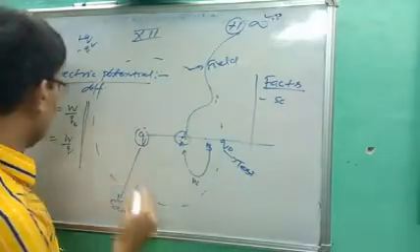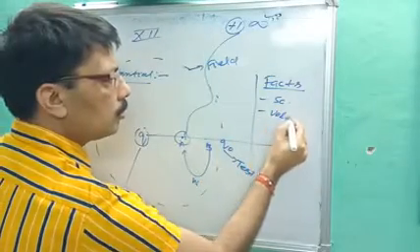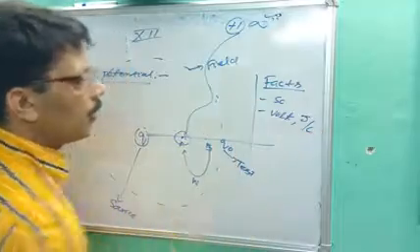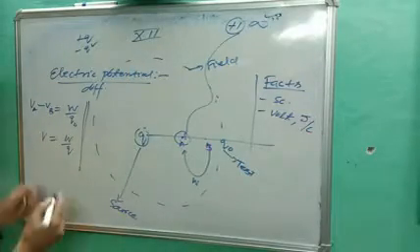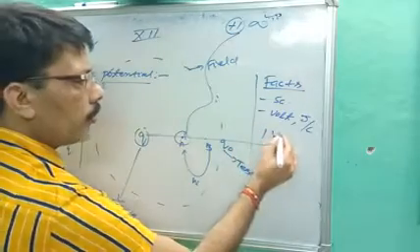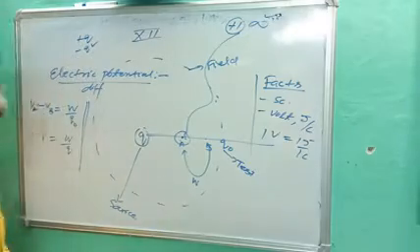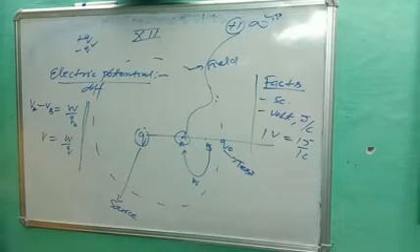Its unit is volt or joule per coulomb. Both are correct. 1 volt is equal to 1 joule upon 1 coulomb.